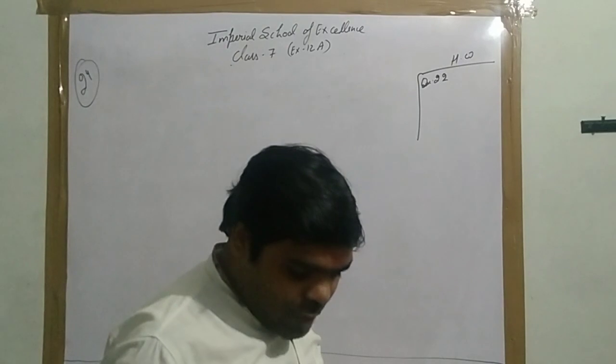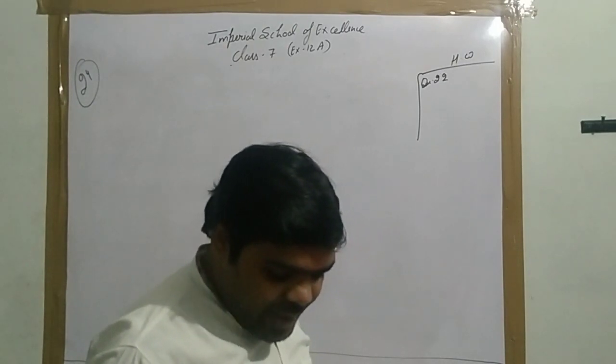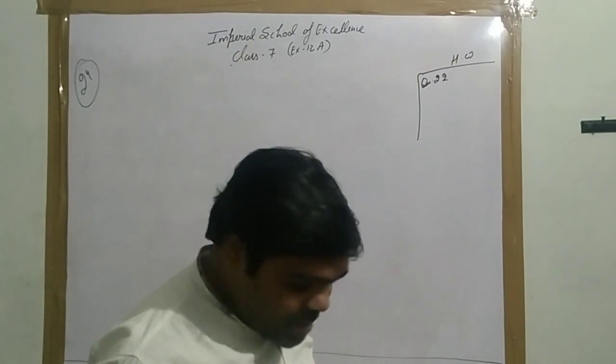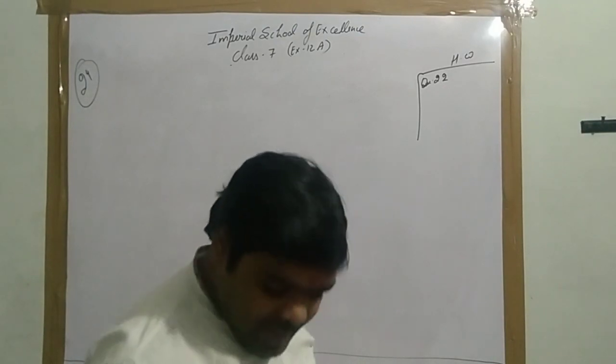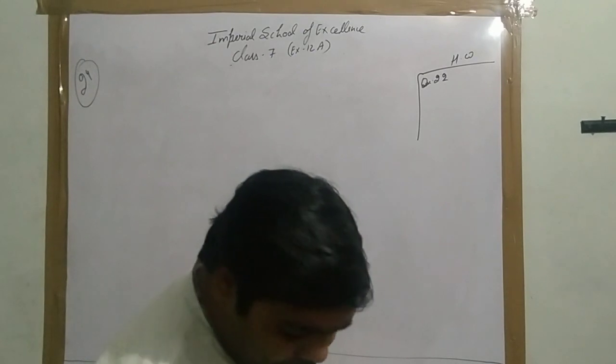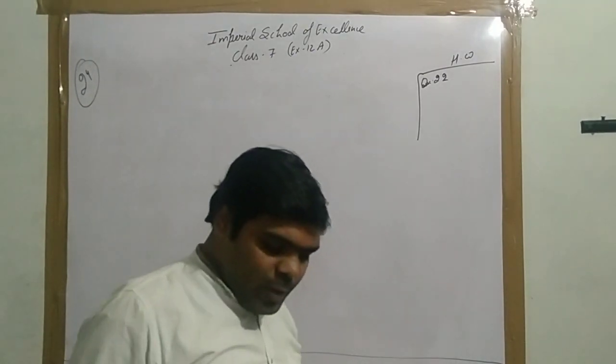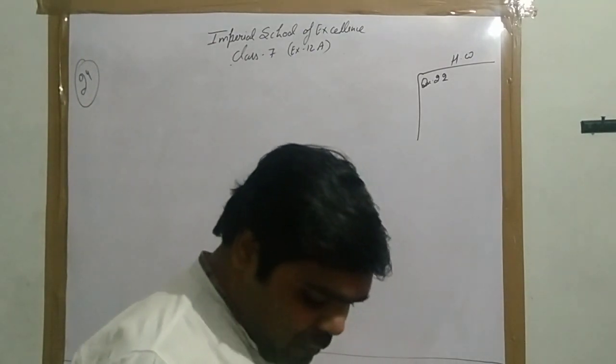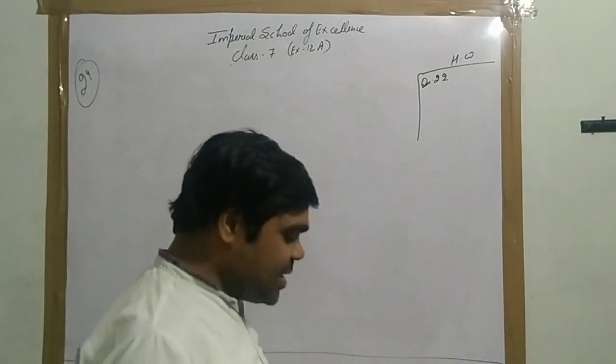Divide rupees 3000 into two parts such that the simple interest on the first part for 4 years at 8% per annum is equal to the simple interest on the second part for 2 years at 9% per annum.